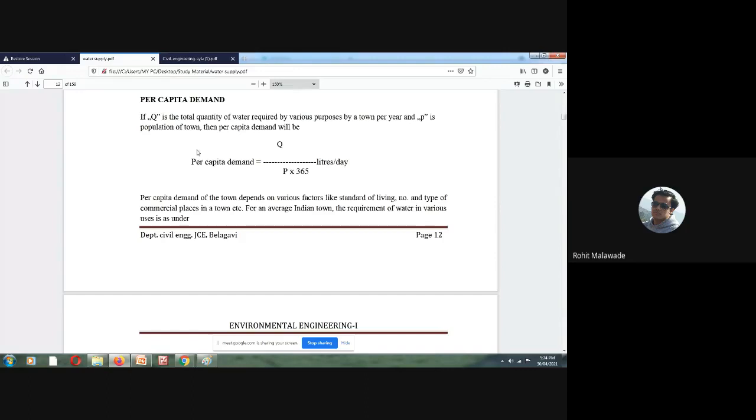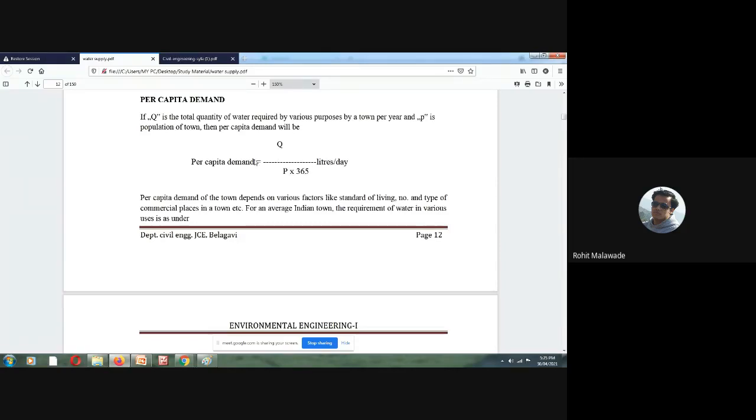In a year, if I want to find the per capita water demand out of a town's total water requirement, I will use Q, the total quantity of water required by the town per year, divided by P, the population of that town, divided by 365, in liters per day.